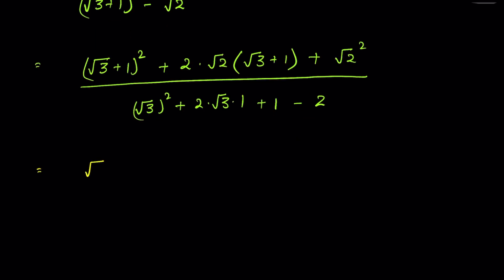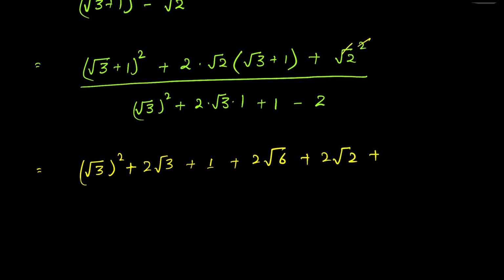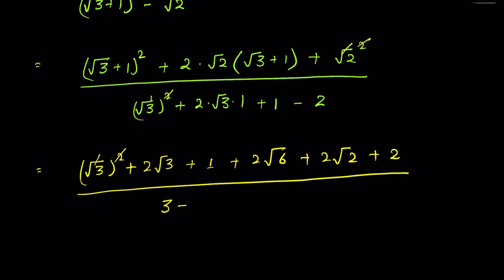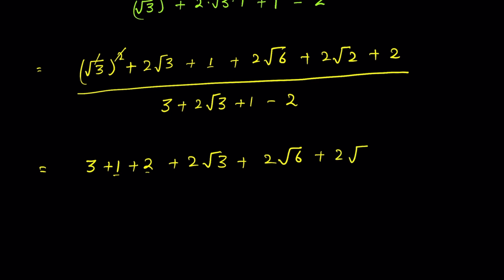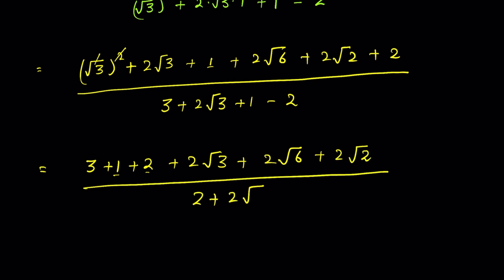Again square root of 3 square plus 2 times square root of 3 plus 1 plus 2 times square root of 6 plus 2 times square root of 2 plus, we remove the square root with this square, so 2. Here also remove the square root with this square, then upon 3 plus 2 times square root of 3 plus 1 minus 2 plus 2 times square root of 2, upon 2 plus 2 times square root of 3.